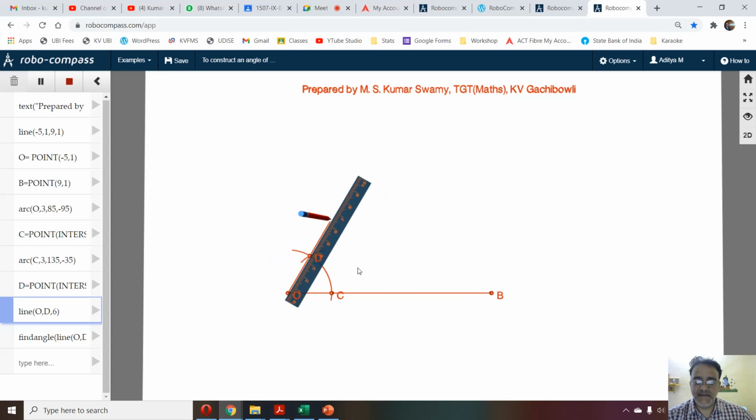So this is 60 degree. We can check also by using protractor.